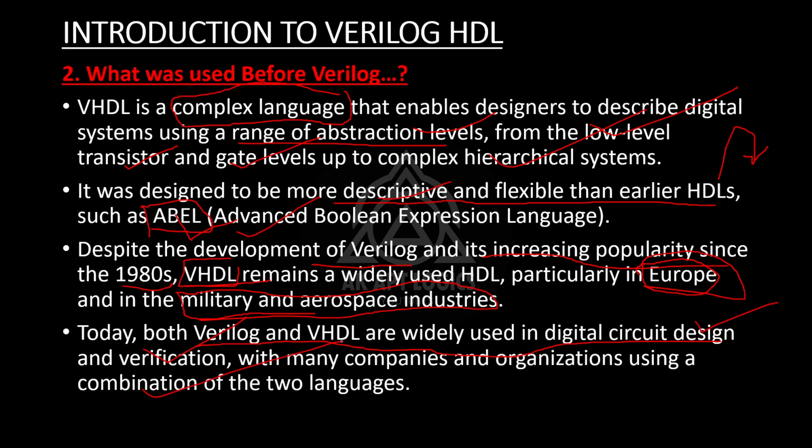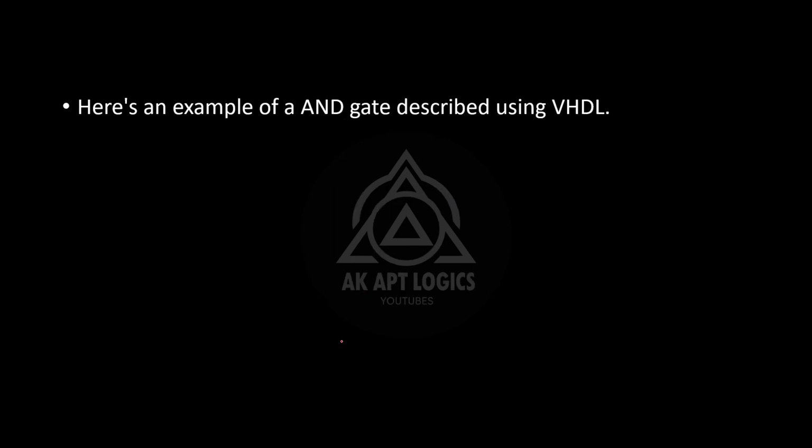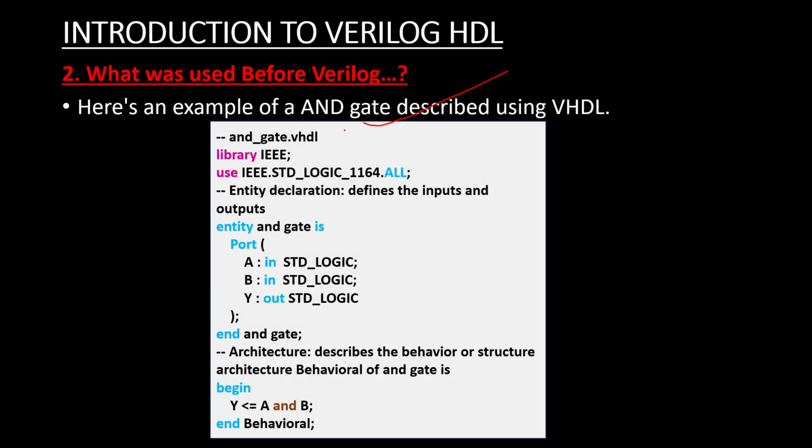Here is an example of an AND gate described using VHDL. This is the code for the AND gate in VHDL. Here the colored words are the keywords. This is a comment. We are going to use the library IEEE, which is the IEEE library name. This is a comment: entity declaration defines the inputs and the output.